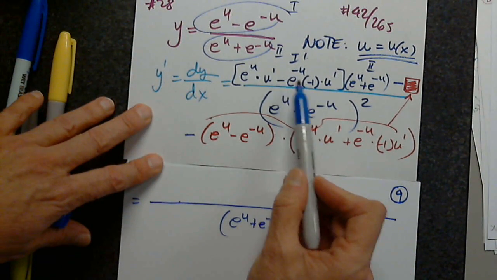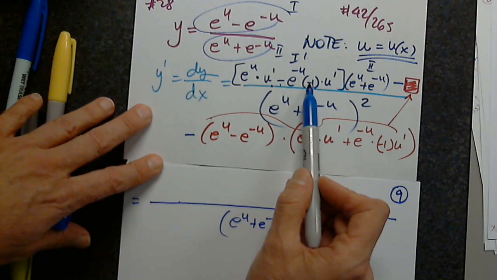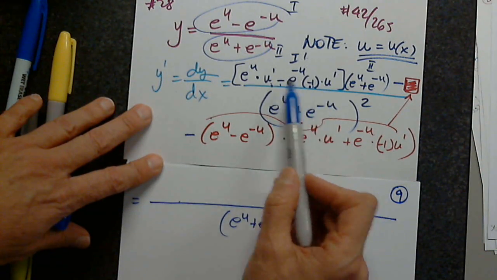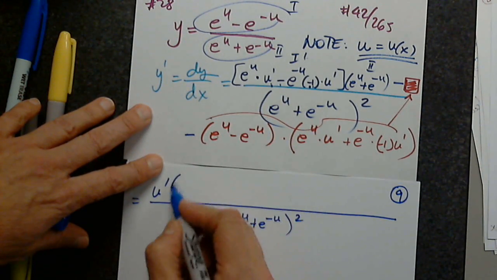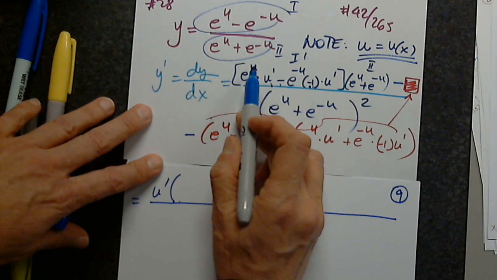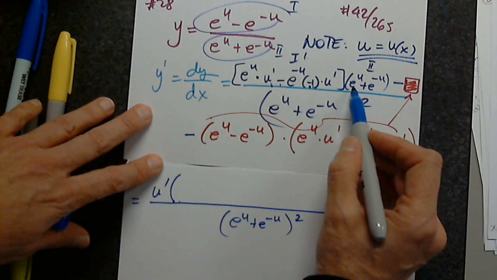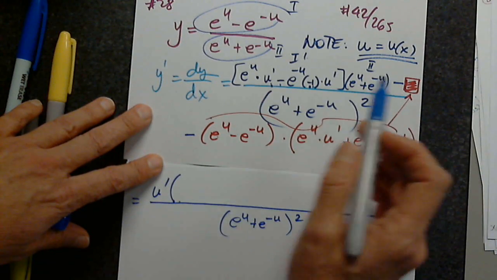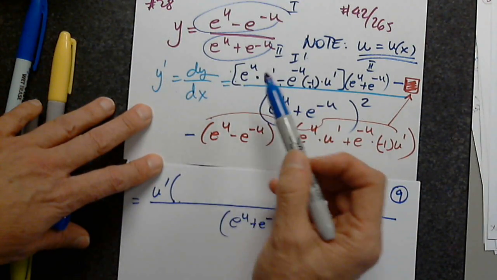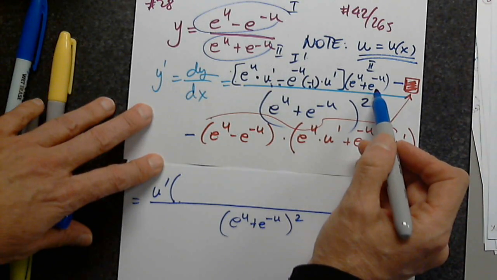So I hope you agree that these two change into positive. And I will factor out u prime. So u prime, in parentheses, e to u plus e to negative u. But I'm multiplying by e to u times e to negative u. So this piece, one more time, is e to u plus e to negative u. And this one is the same.